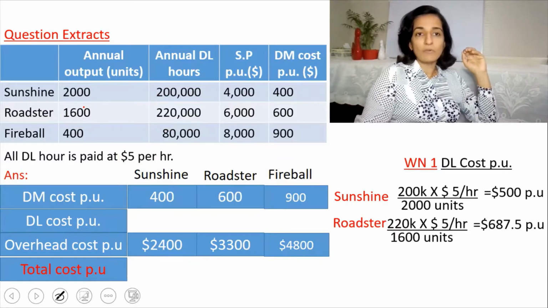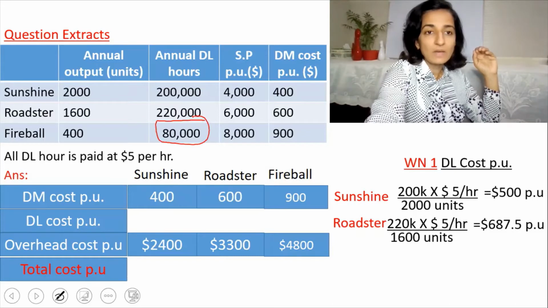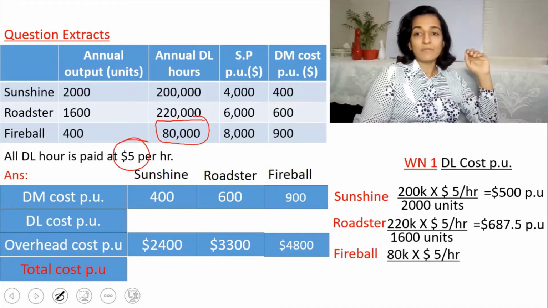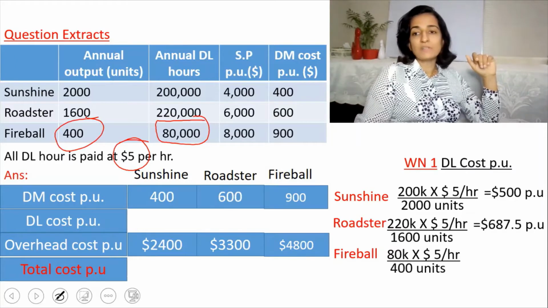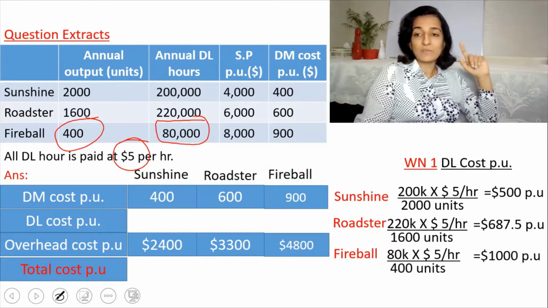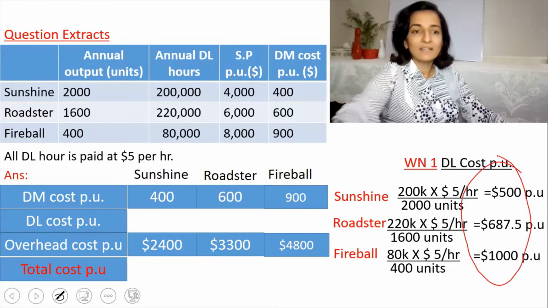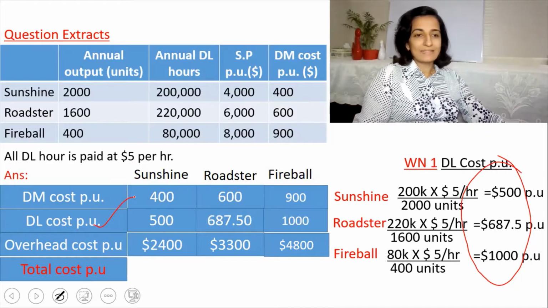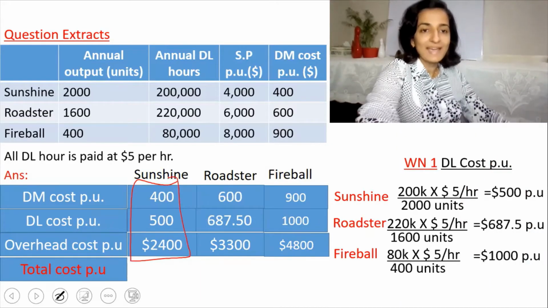Now coming to Fireball, the direct labor hours is 80,000 hours, and you multiply it with $5 per hour to arrive at the direct labor cost in total, and you divide it by the number of units, that is 400 units, to arrive at the direct labor cost per unit, that is $1,000. Now we copy these answers into the direct labor cost per unit. Okay, so that's done. Now, in order to arrive at the total cost, all that we have to do is add the three.